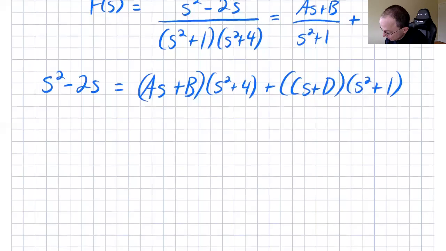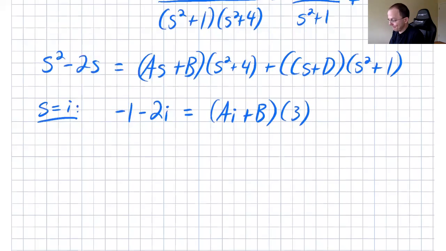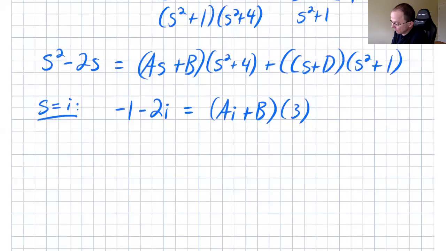So let's do s equals i. So on the left-hand side, we get -1 minus 2i. And then on the right-hand side, we're going to get ai plus b times -1 plus 4 is 3. Okay, so now we just match up the coefficients. So for the i terms here and here, we have -2 on the left, and on the right we have 3 times A. So we end up getting -2 is equal to 3A.